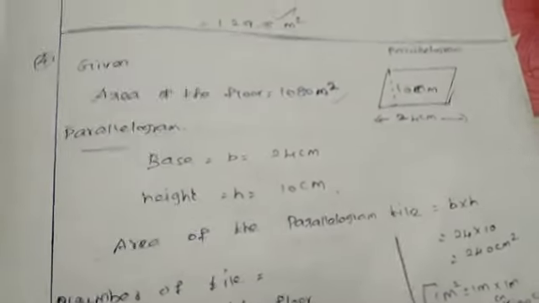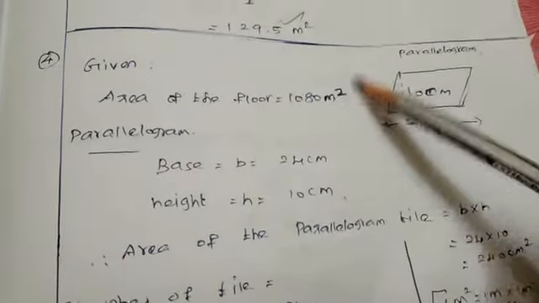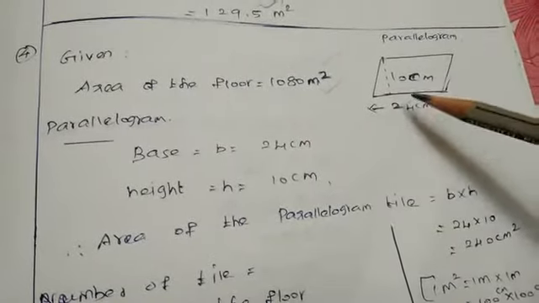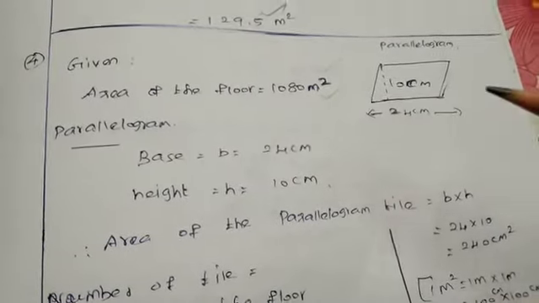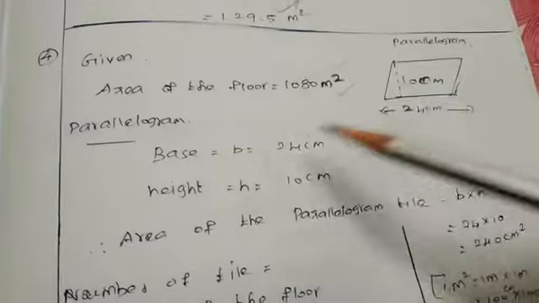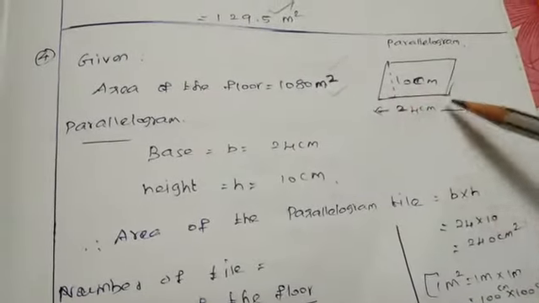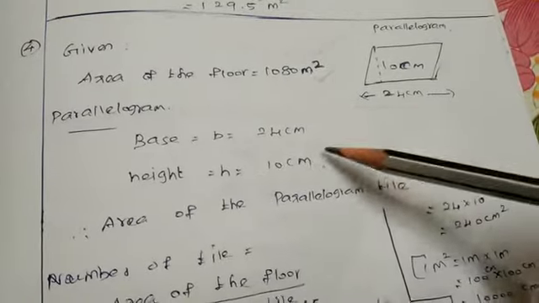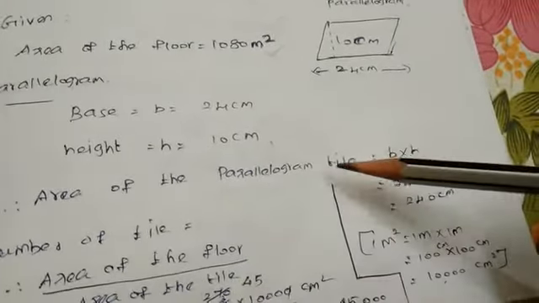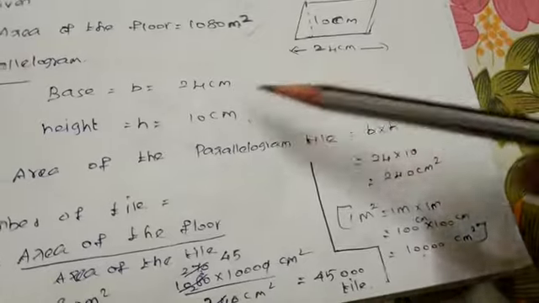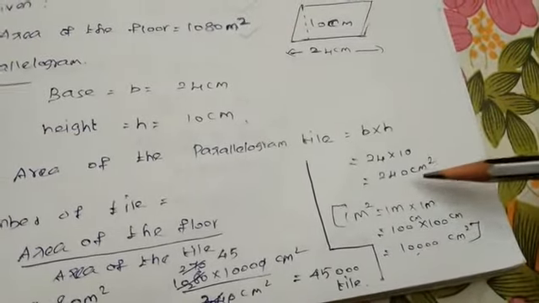The area of the parallelogram is base into height. The base is 24 cm and height is 10 cm, so 24 into 10 is 240 centimeter square.